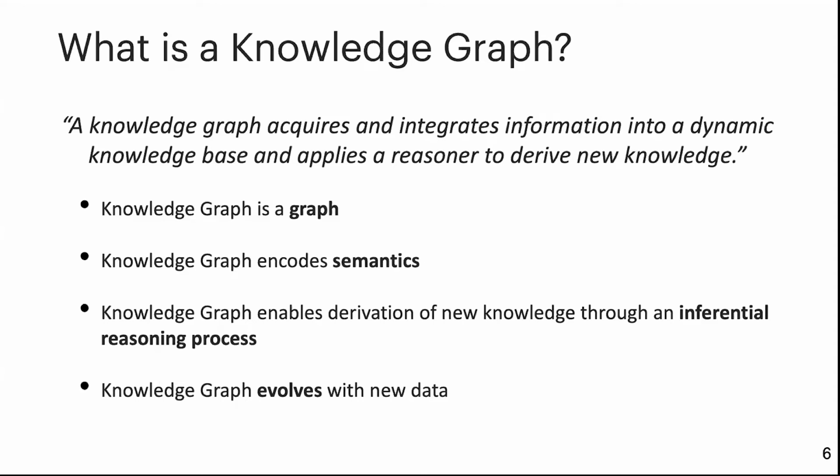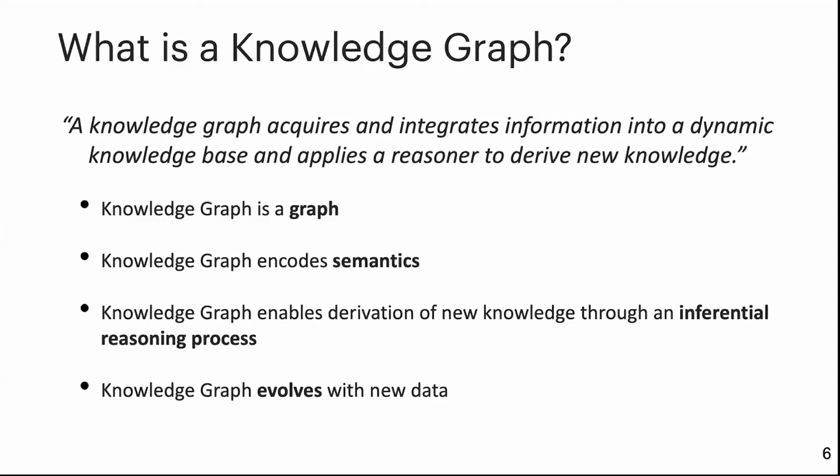You're not using your knowledge graph just for pure representation of knowledge, but to infer something new. To infer something new means that you perform a search and a reasoning on top of your knowledge graph. So from existing pieces of knowledge, you might infer or deduce something that wasn't available in the first place.